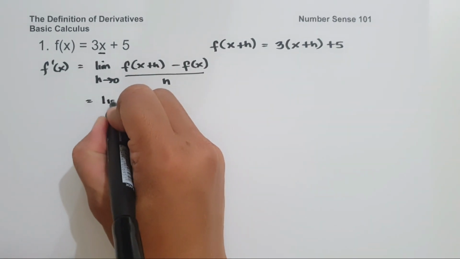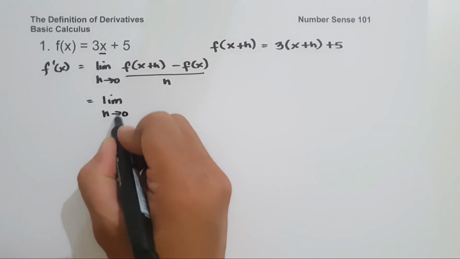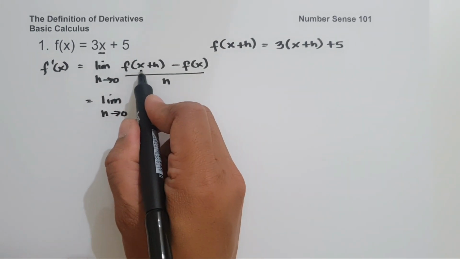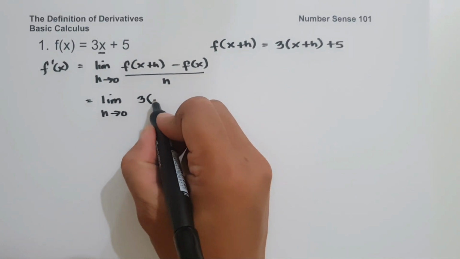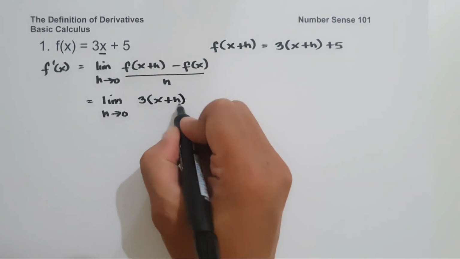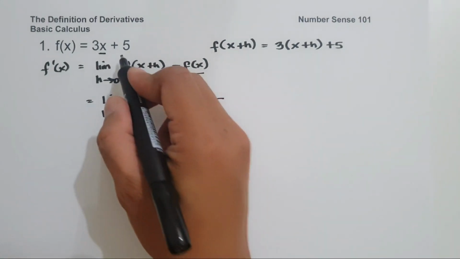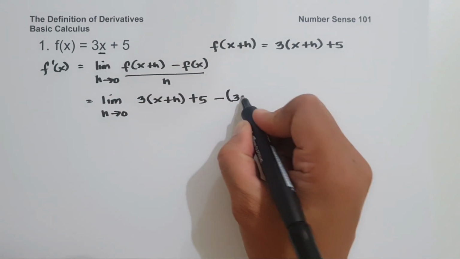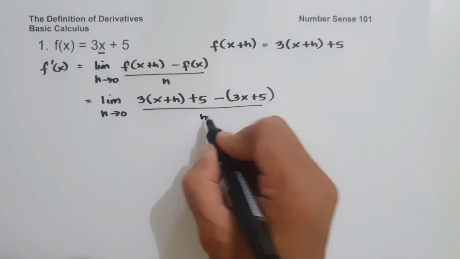Let us have the limit as h approaches 0 of f of x plus h, that is 3 times the quantity x plus h plus 5, minus f of x, that is 3x plus 5, all over h.